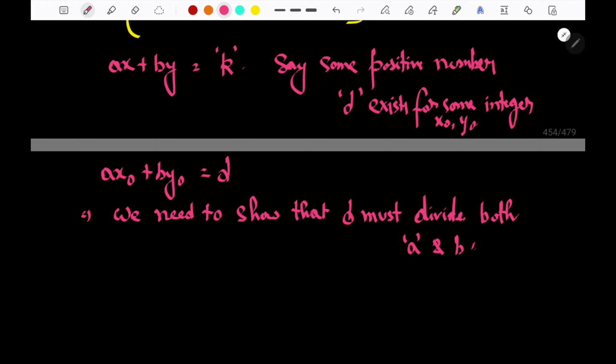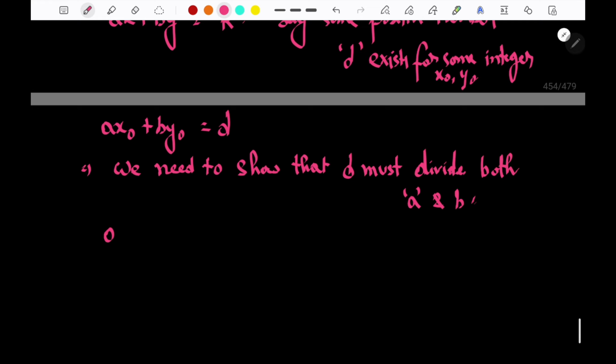But how? Let's say d divides a. Then a will be dq plus r, where the remainder r varies from 0 to less than d.